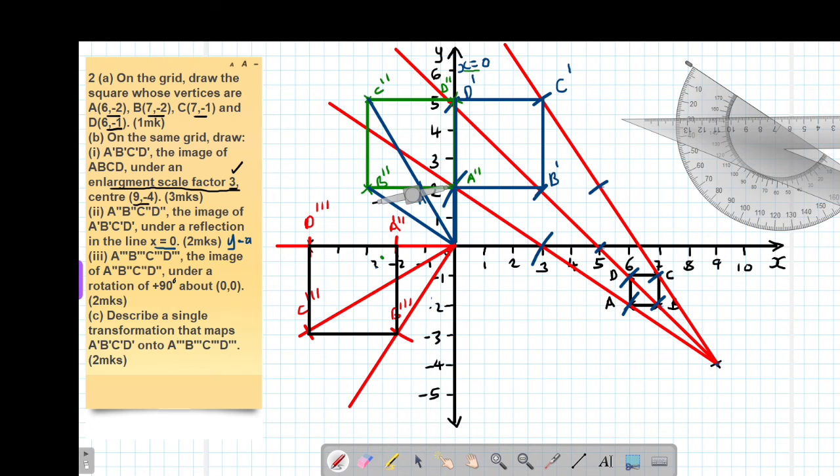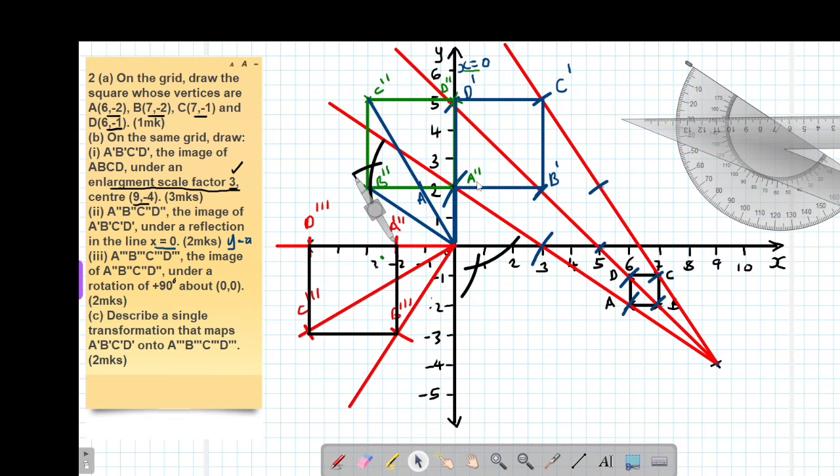Let me use a different ink, maybe a black one will work. So once you have your pair of compass that way, you make an arc on this side, then you also make an arc on the lower side. I also need another arc here. Then once you have that, you transfer with the same radius, you transfer your compass to A prime prime, then you make another arc to meet the first one this way, then you rotate, you also make another arc to meet the first one.